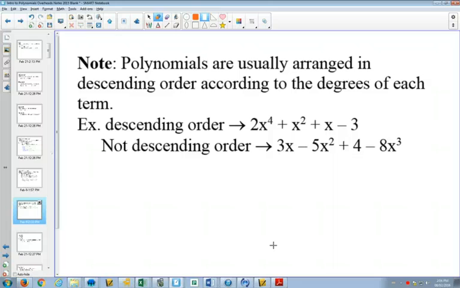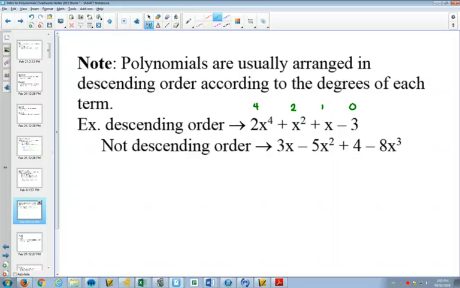So generally, when we're writing polynomials, we write them in descending order according to their degree. So this first one has a degree of 4, this one has a degree of 2, this one has a degree of 1, this one has a degree of 0.